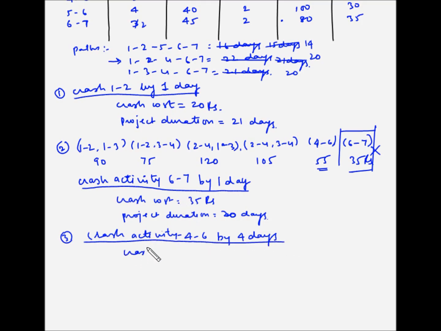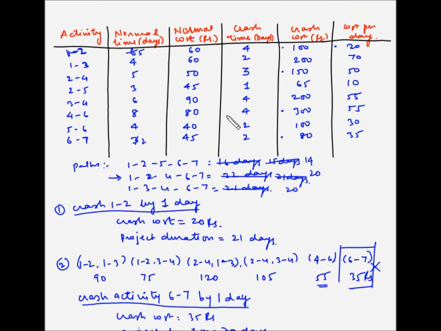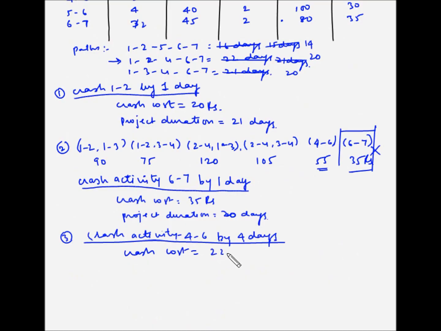So the crash cost is equal to, so 4 multiplied by 55. So 55 multiplied by 2 will be 110 and 110 multiplied by 2 will be 220. So the cost is 220 rupees and the project duration will be equal to 20 minus 4, which is 16 days.